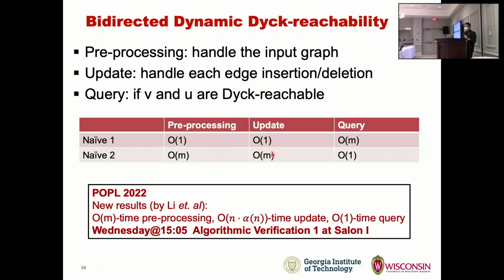But for the update, instead of running the optimal Dyck algorithm in a straightforward manner, we can run it in a smarter way so that it only takes O(n) time, where n denotes the number of nodes and m denotes the number of edges. And it supports constant query. So if you are interested in the result, please do not miss the talk in the same section, on Wednesday.